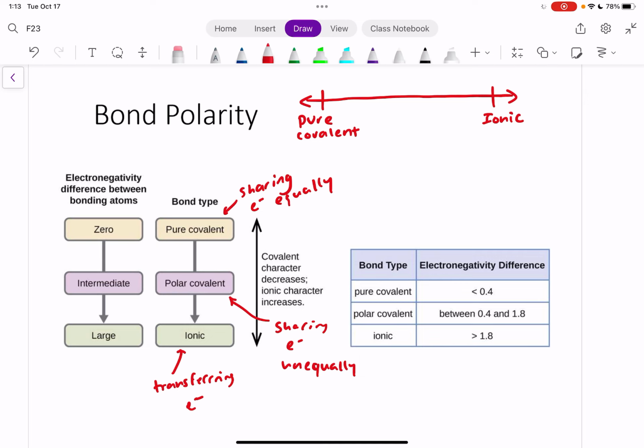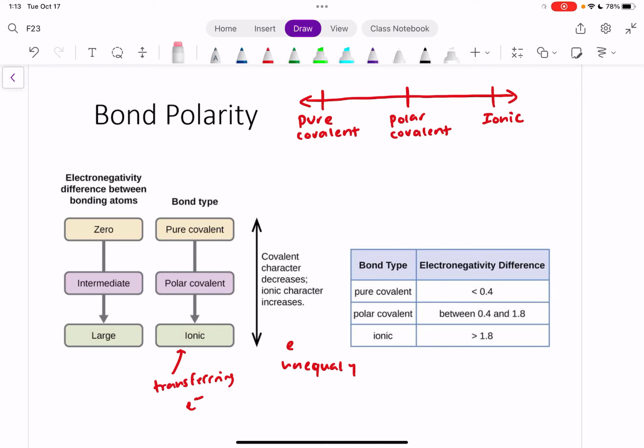In ionic compounds, something is giving them and something is taking them. And then right in the middle is something like polar covalent, where, okay, we've agreed to share, but one atom is kind of not sharing very well. And that's resulting in that polarity.